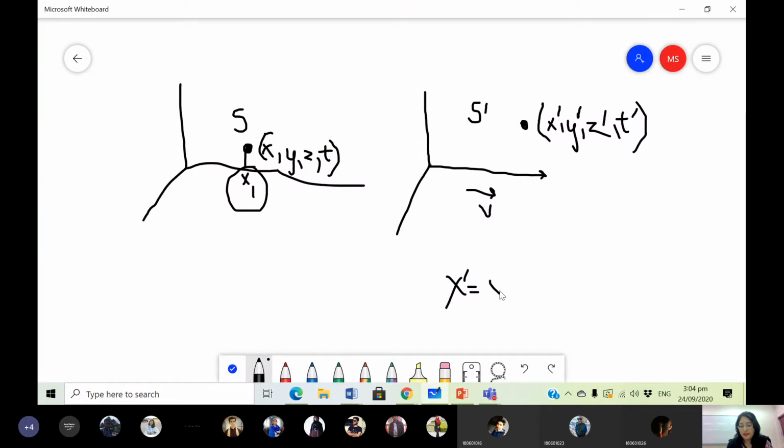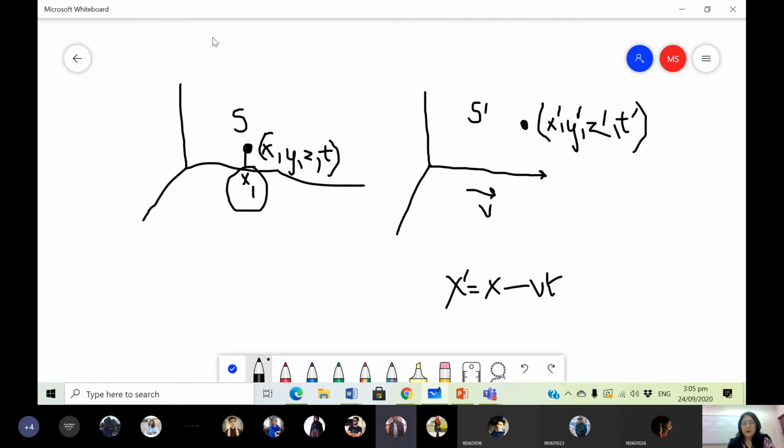So x dash equals x minus vt, because this frame has moved, an object in this frame which is moving in this direction has moved an extra distance v times time, right? Does this equation make sense to everyone? Why do we subtract vt here?